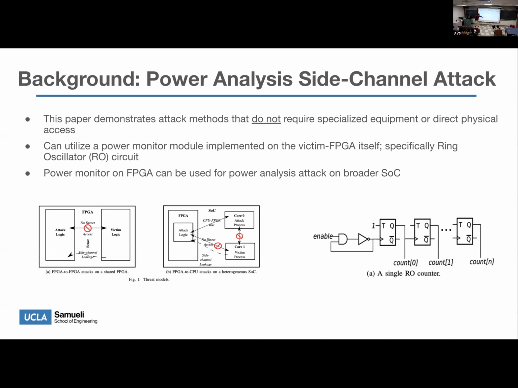Or in this image over here, you see how this would fit into a broader system on a chip, where you can still use a power monitor that's on the FPGA to carry out this power analysis attack that might, for example, be on a CPU rather than the FPGA itself.